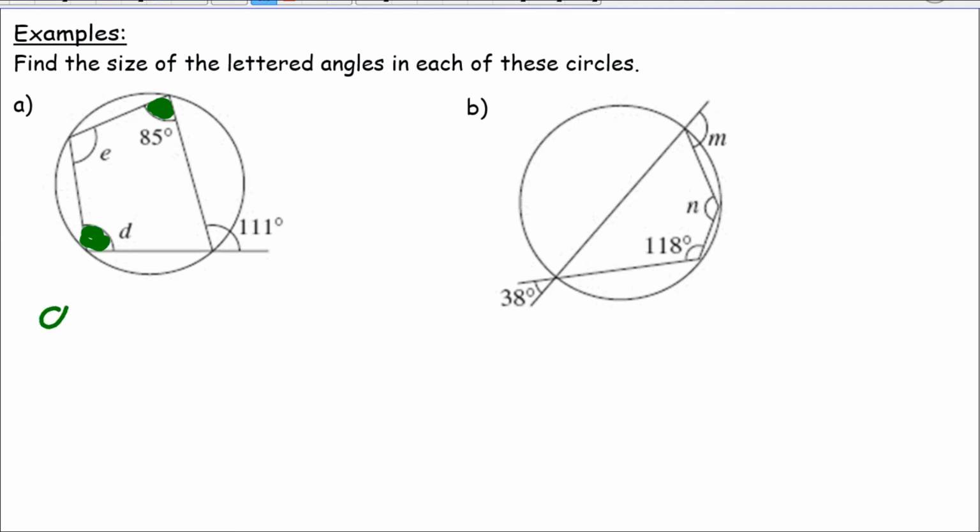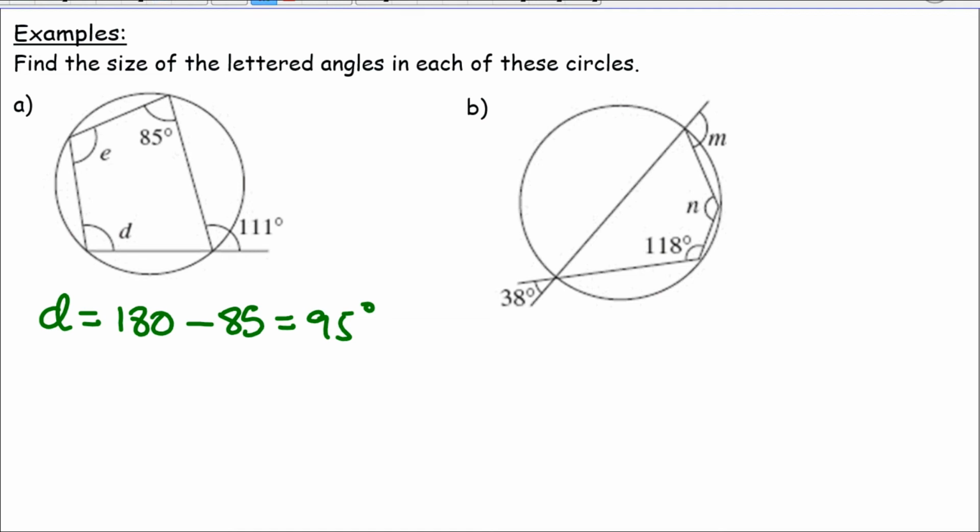So you can go ahead and say D will be 180 minus 85, which will be equal to 95 degrees. Okay? We just take this out. So, because opposite angles in a cyclic quadrilateral add up to 180.